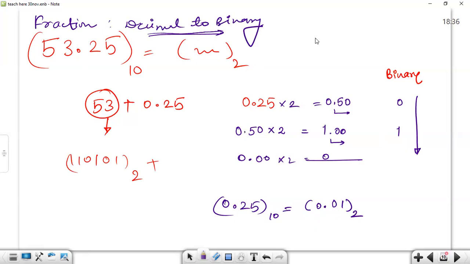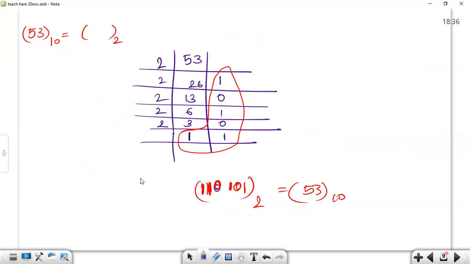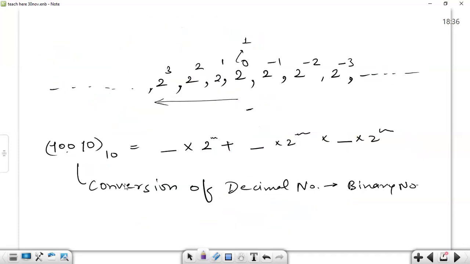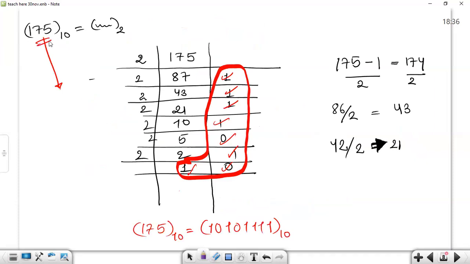Okay. If no doubts, let's understand all the things from a reverse engineering method. What all examples that we have discussed, for 175 we have calculated that this is the binary number. What if we had not known that 175 is the decimal number?